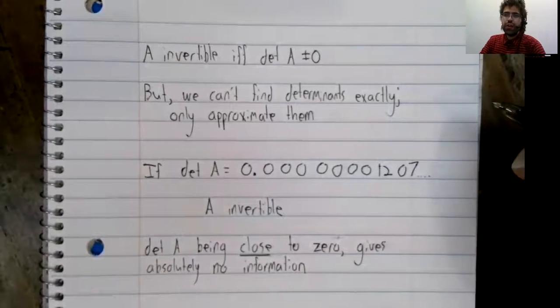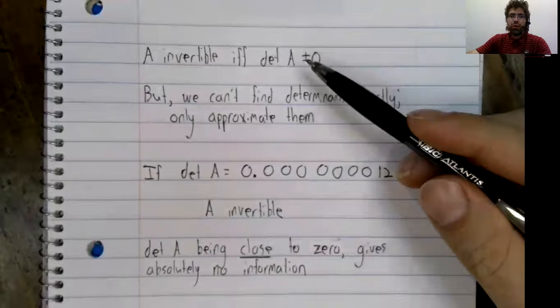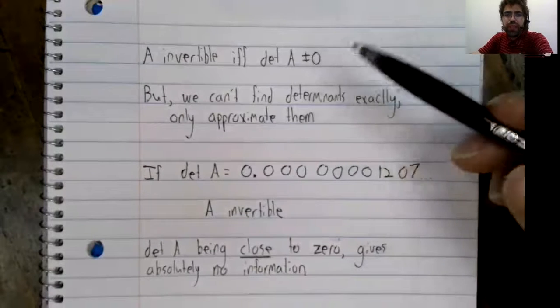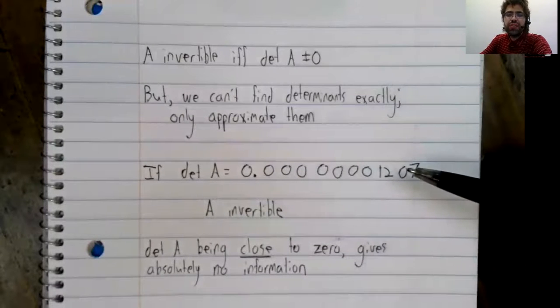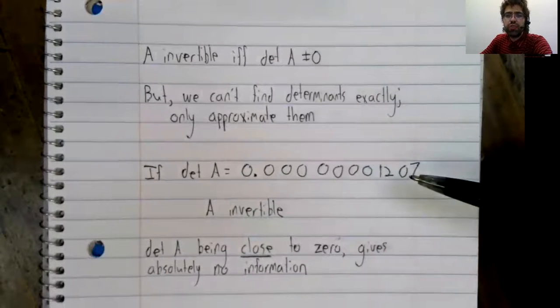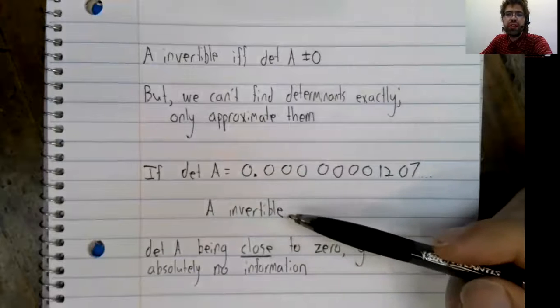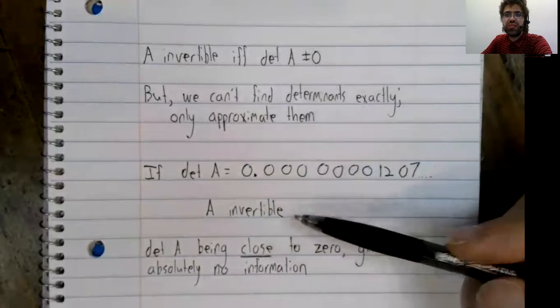What you'd kind of expect if you have a result like this is that it tells you something about the inverse other than the fact that the inverse exists.